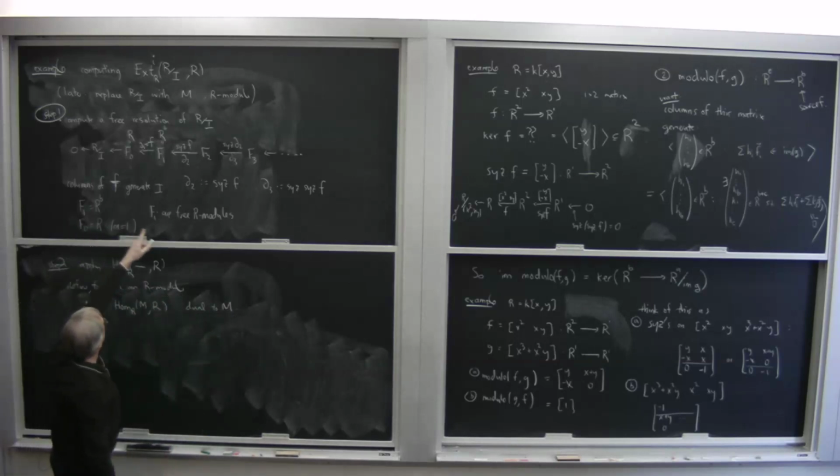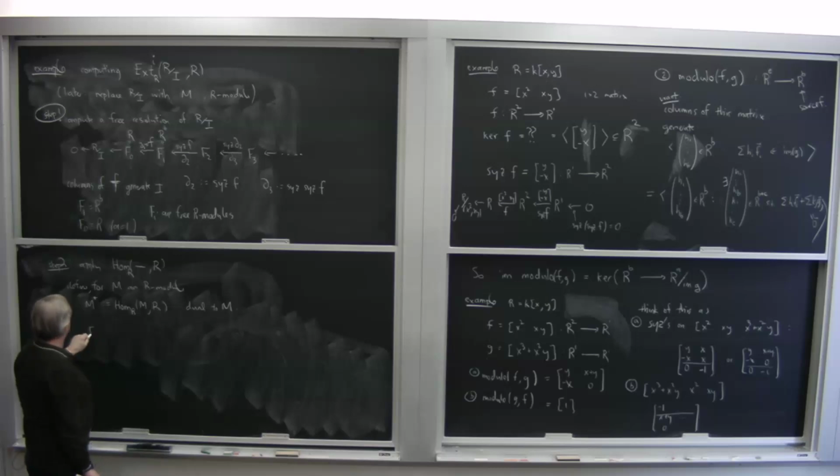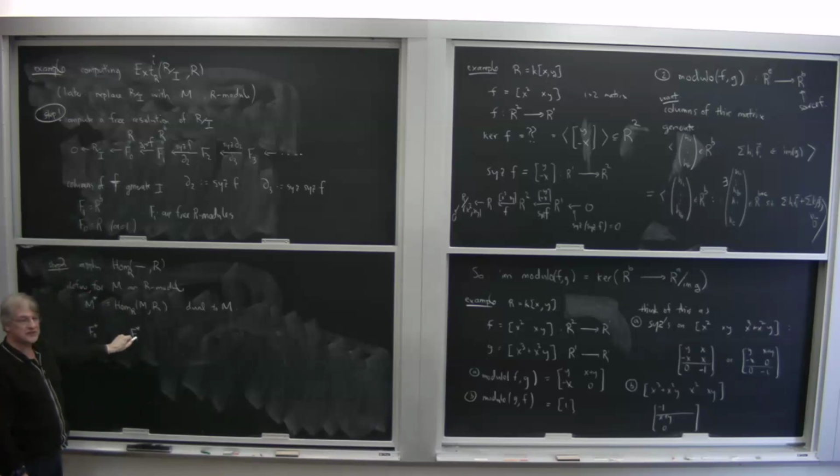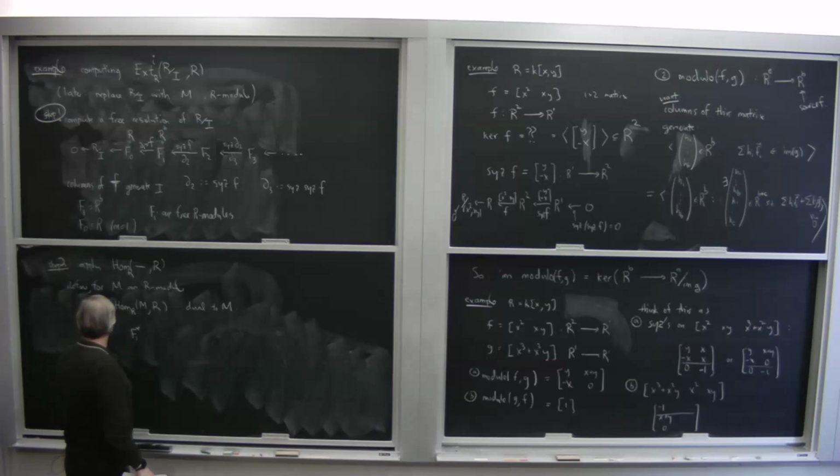And then if I apply it here, what do I get? I get F0 star. I get F1 star. First of all, what is F0 star? R star is just R. R to the B star is just R^B. It's the usual thing that it's the dual vector space. So you have to choose bases, but we already have bases chosen. So we can do that if we want. And what are these maps?